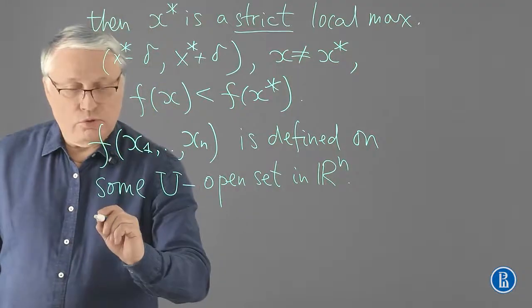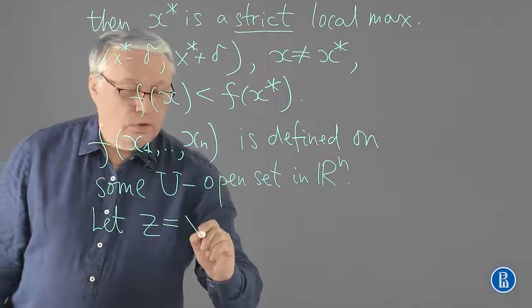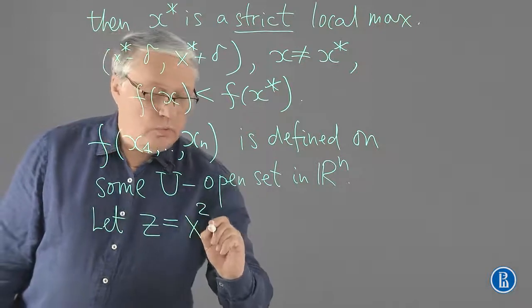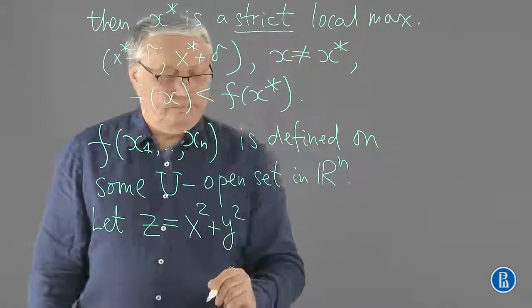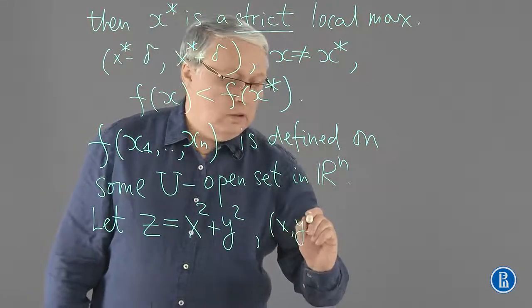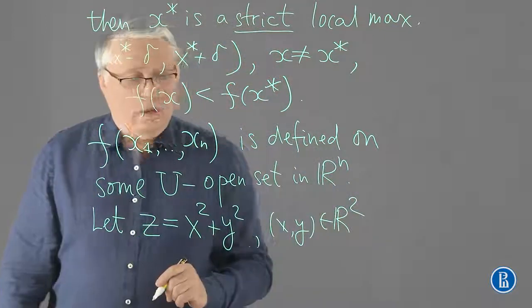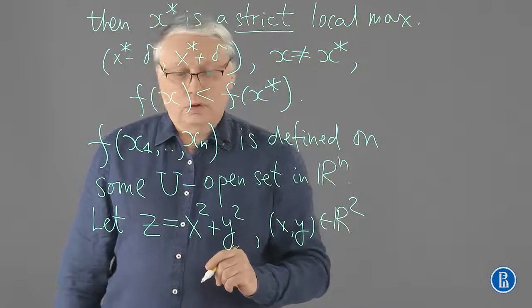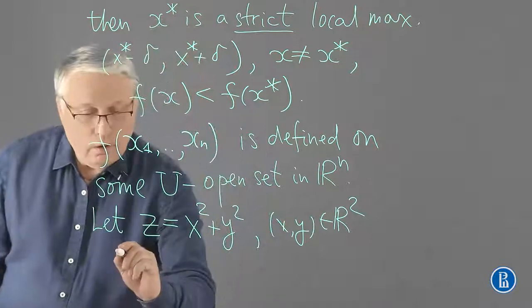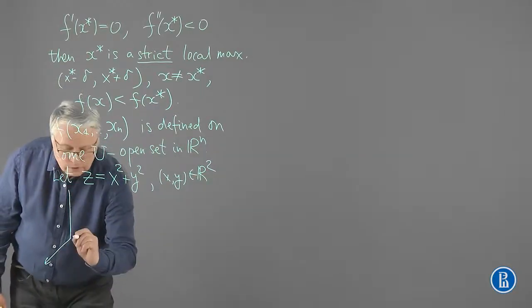So let's suppose there is a function x squared plus y squared, where the point xy belongs to R2 space. How the graph of this function looks like. This time we have to draw a graph in 3D.